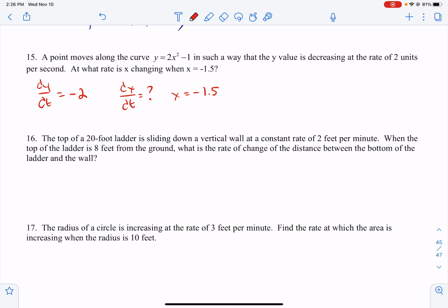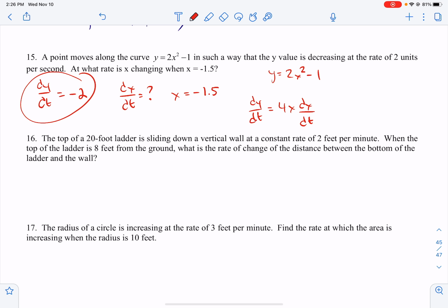Well, it gives me a function, y equals 2x squared minus 1. Let's take the derivative. Dy dt equals 4x dx dt, and the minus 1 goes away. So plug in our numbers. I know dy dt, so that becomes negative 2. I already know 4 because it tells me 4. X is negative 1.5. And dx dt is here.